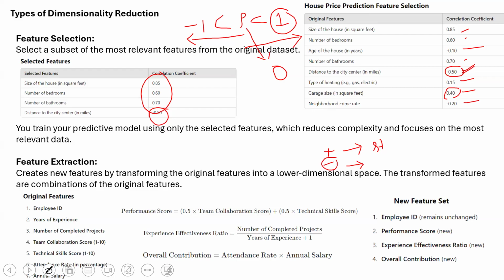If you want to pick only two dimensions out of these data sets, you just have to pick the top two rows. If you want to go with four, you can go with four or five. It depends on how many dimensions you want to retain in your data set. So the initial step would be to find out the correlation coefficients, and then find out the topmost rows in that. So that is just feature selection.